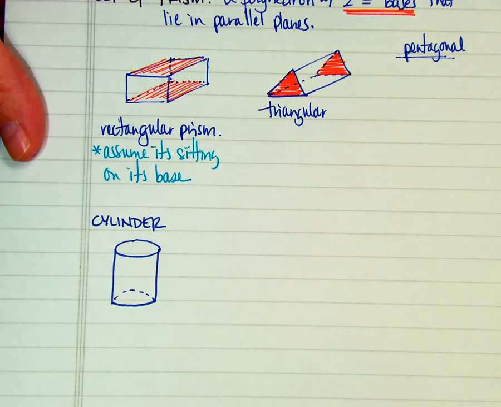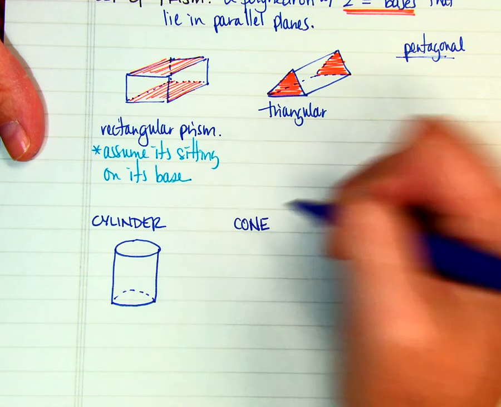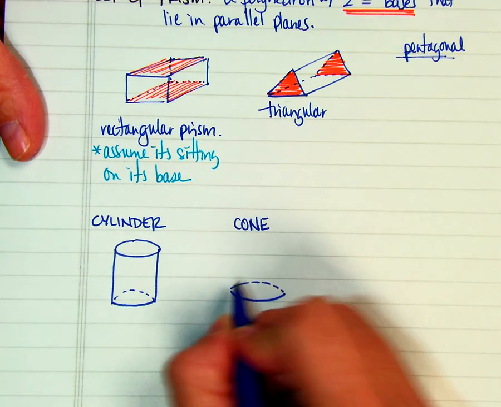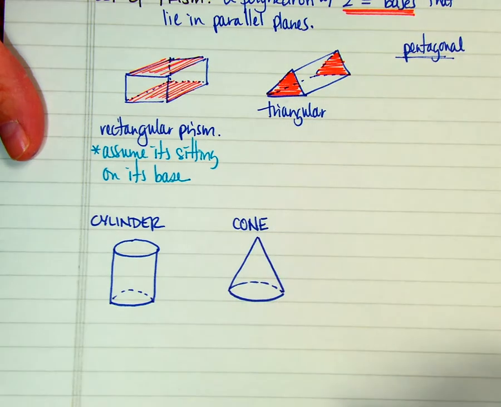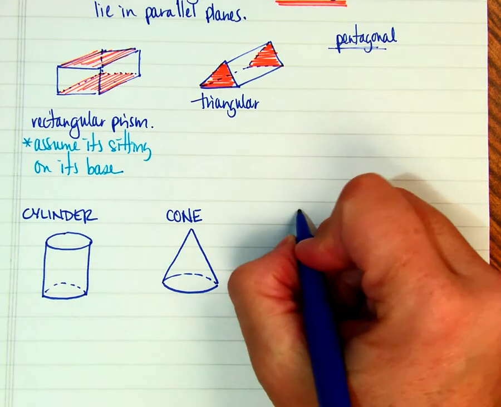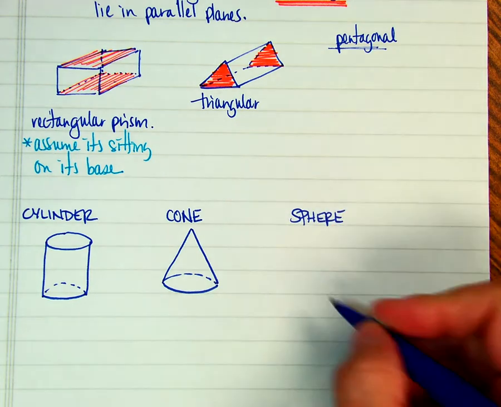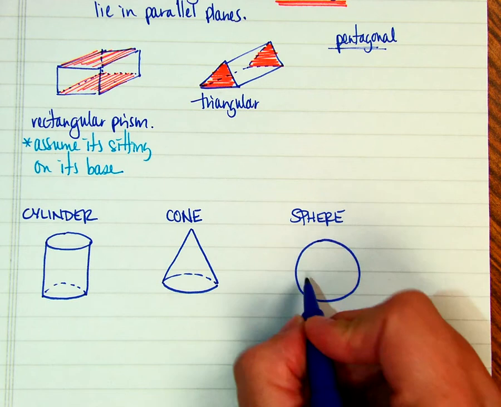Okay, so we have a cylinder, we have a cone, we have a sphere, like a basketball.